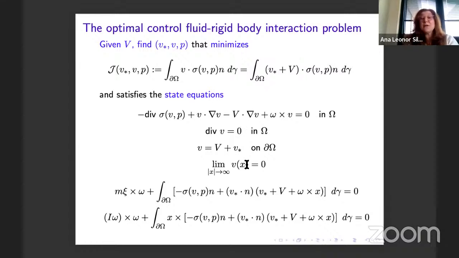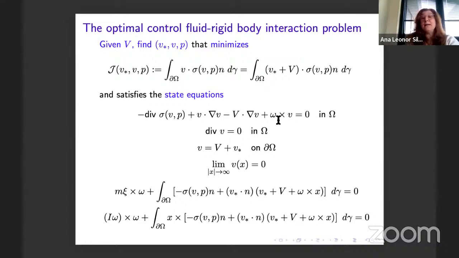As I said before, if we disregard the usual nonlinear term in the Navier-Stokes equations, what we have is a kind of generalized Oseen system.